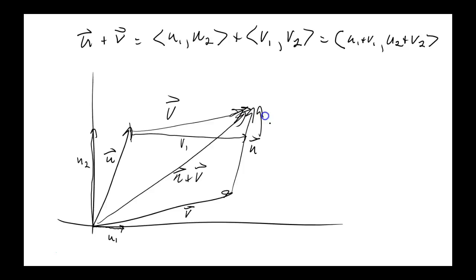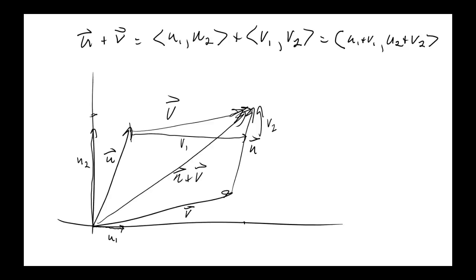This would be V2, and sure enough, U plus V would be U1 plus V1, that gets you to here, and then U2 up here plus V2 here, that goes straight across to there, that gets you to there, and sure enough, those are the components of your vectors. So they show that somewhat on the slide here.